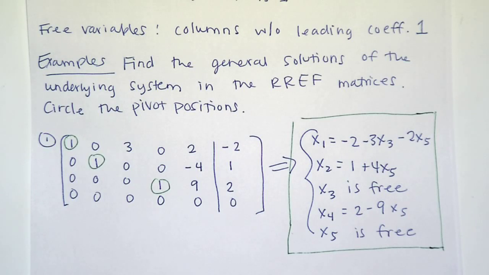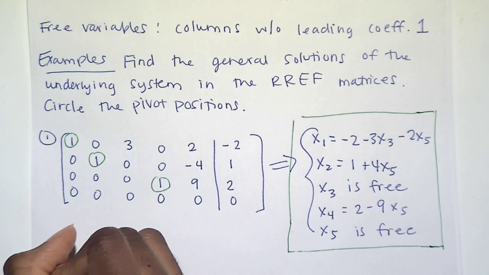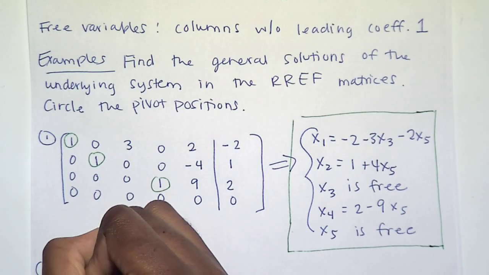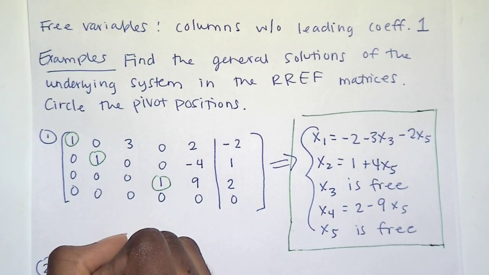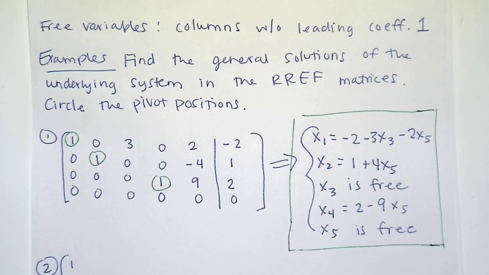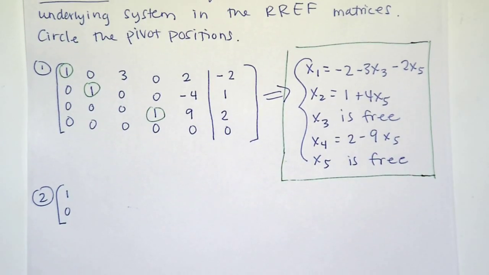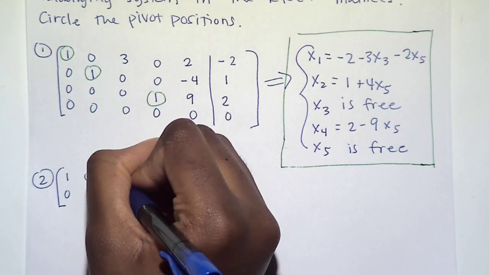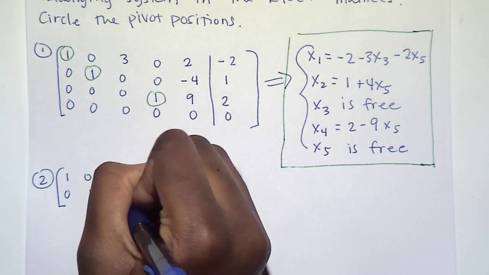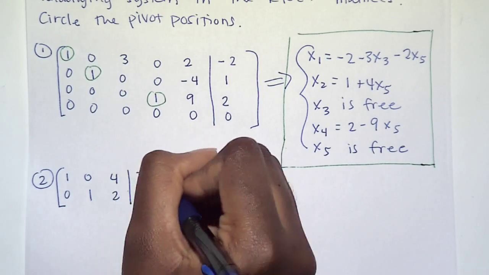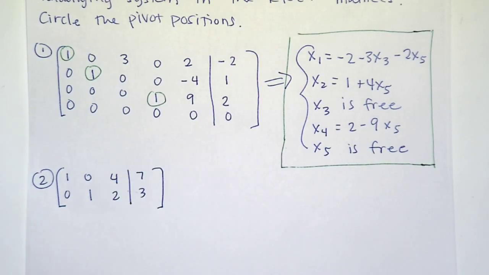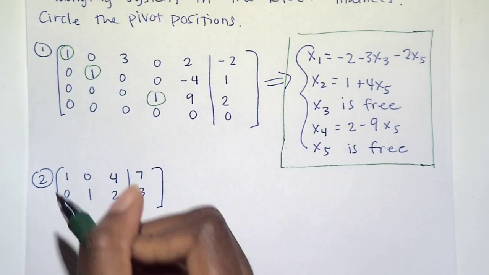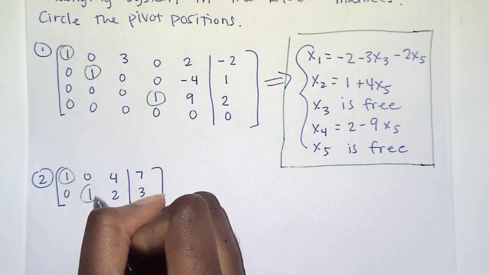Okay, let's look at a few more examples. Going down the columns, I got 1, 0, 0, 1, 4, 2, and we equal 7, 3. And I'm going to circle my pivot positions, so the ones with zeros above and below.